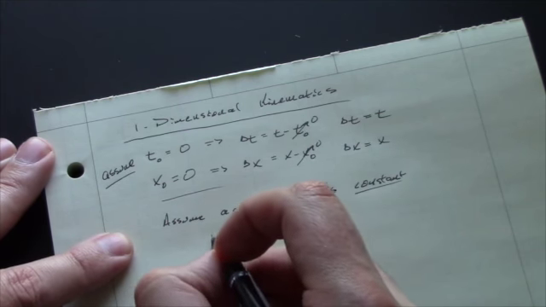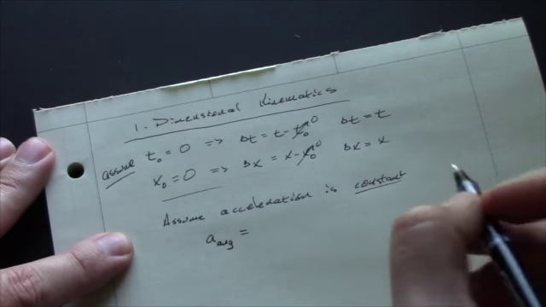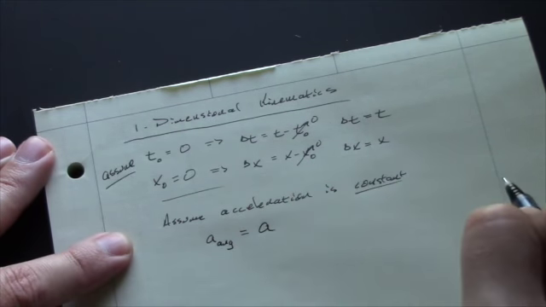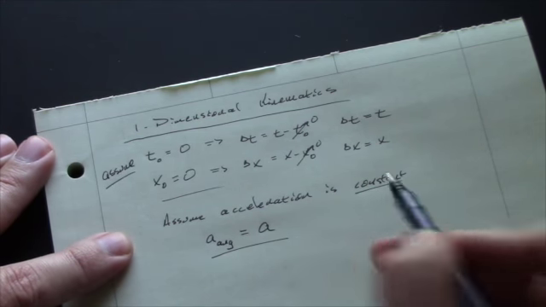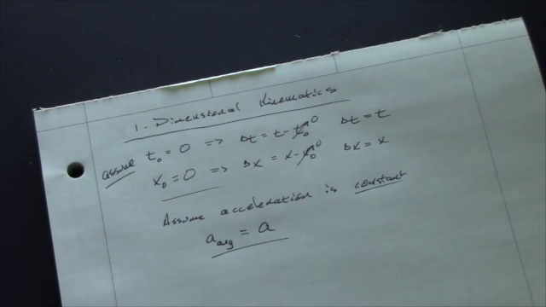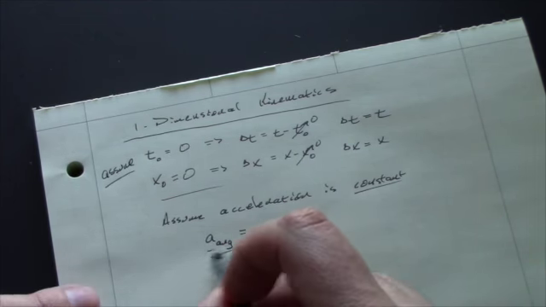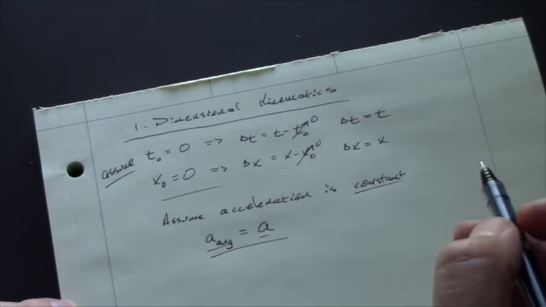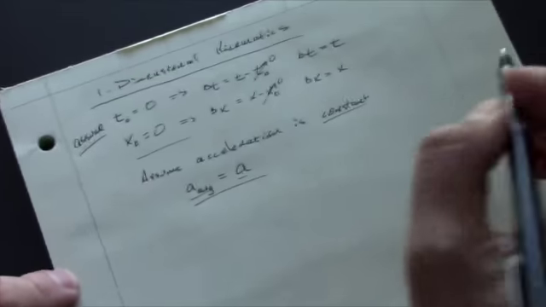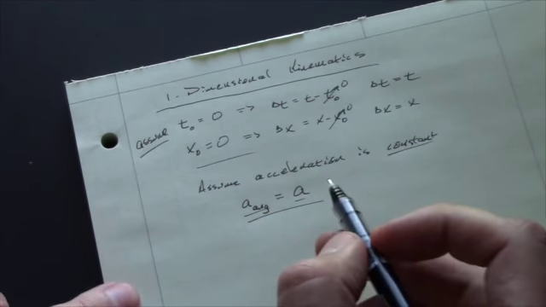For constant acceleration, it's always going to be true that your average acceleration is exactly the same thing as the instantaneous acceleration. Which makes sense if you think about it, right? Constant acceleration just means the acceleration isn't changing. So it's some particular value that doesn't change. So whether you talk about the average or the instantaneous, they're both going to be exactly the same thing. Now, this actually is all we need to derive the first of our kinematic equations.